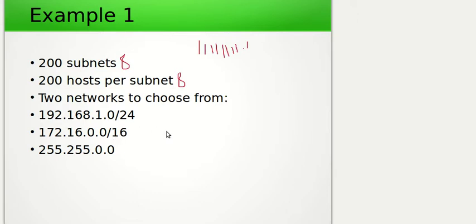We're going to have 24 binary ones. So this is our subnet mask in binary. Okay, it's 24 binary ones followed by 8 binary zeros.